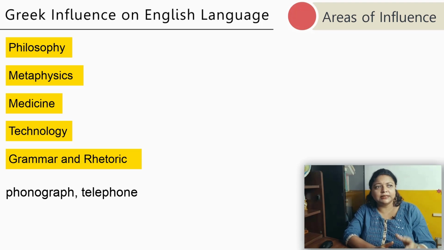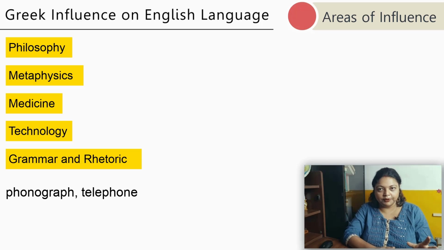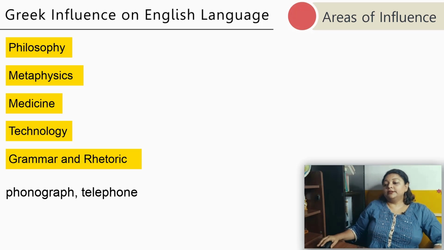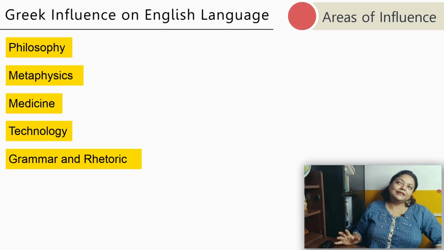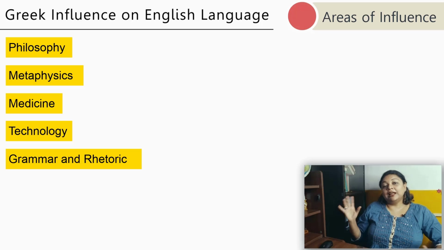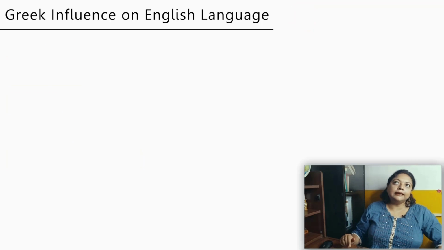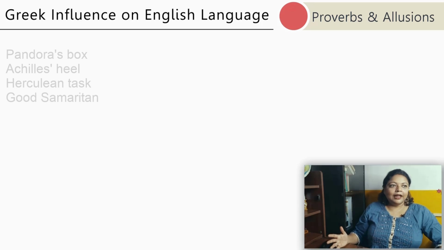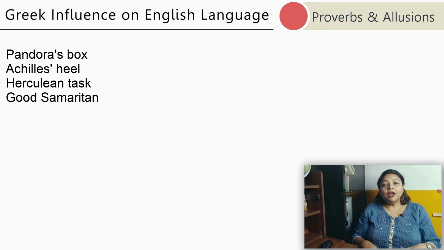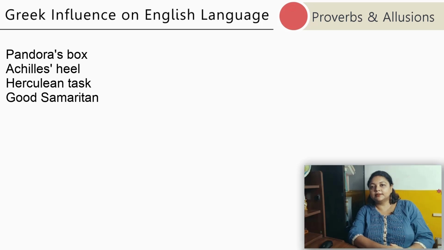And their language was the epitome of perfection in the eyes of English people, especially around the time of the Renaissance and the Enlightenment. People were so influenced by this idea of classical sophistication that they started using names of Greek heroes and characters and used Greek mythologies to create whole sets of proverbs and allusions in their writings.